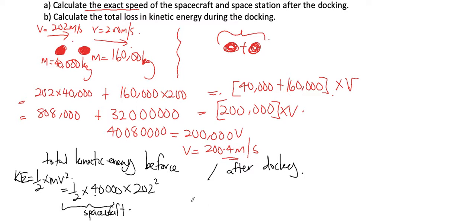Plus, this is before collision. What is the KE for the space station? Again, half mv squared: half multiplied by the mass of the space station, 160,000, multiplied by the speed, which is 200, squared.